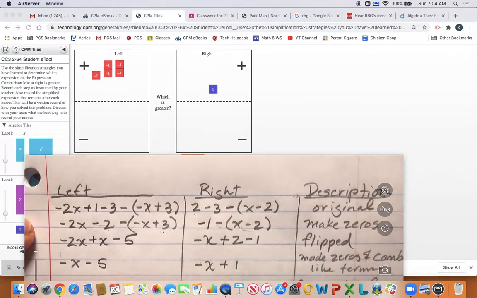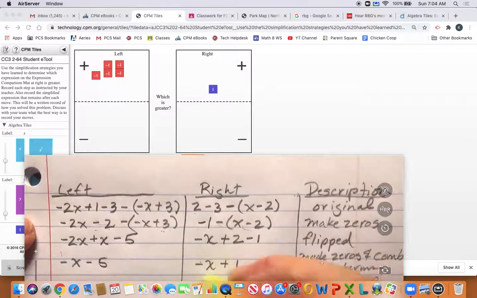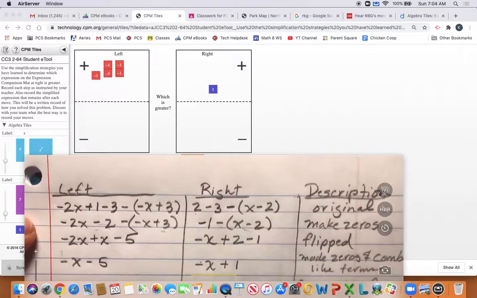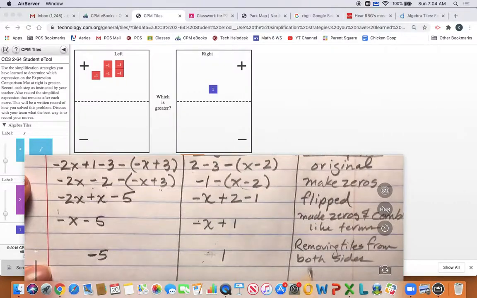All right, so what we have left is the -5 over here and the +1 over here, which we don't have to write the plus in front. There it is. So removing tiles from both sides, and this is what we have left.